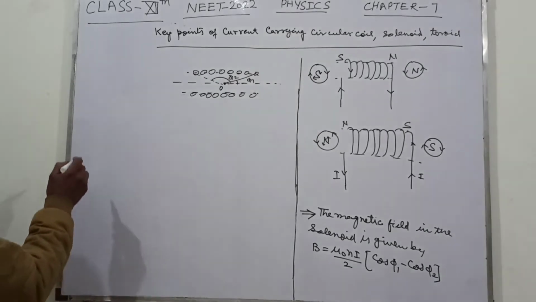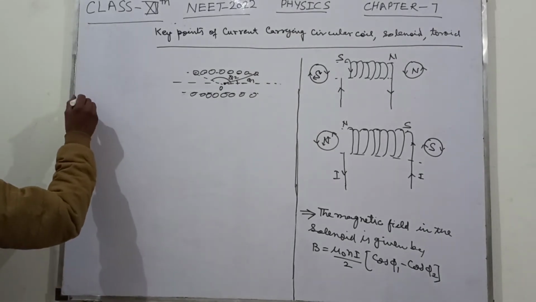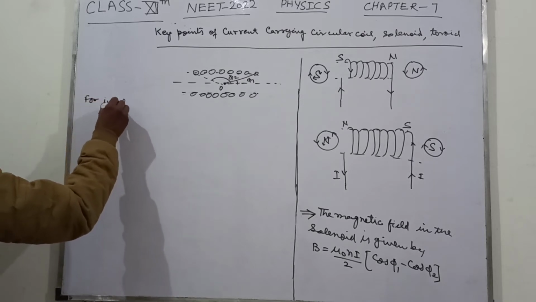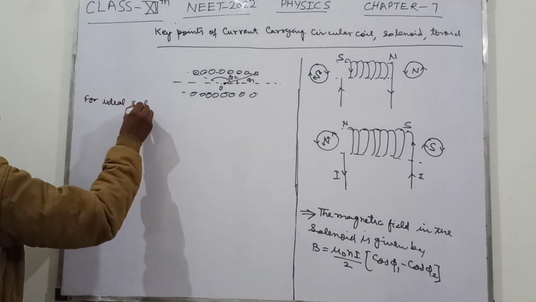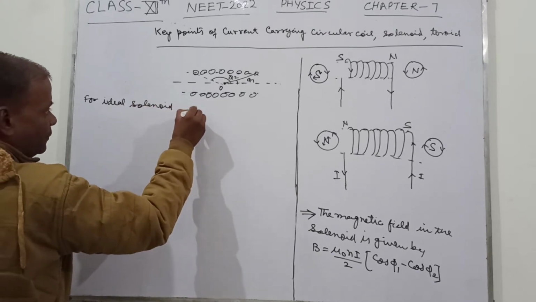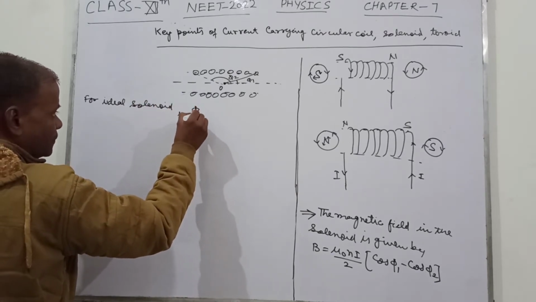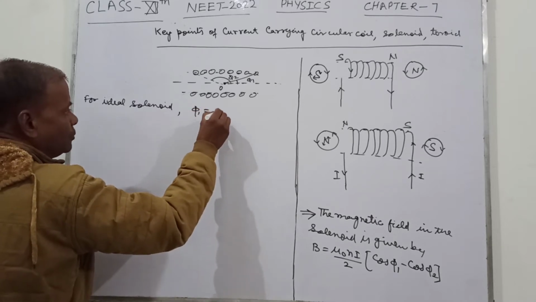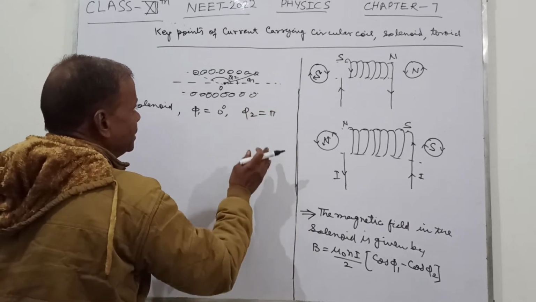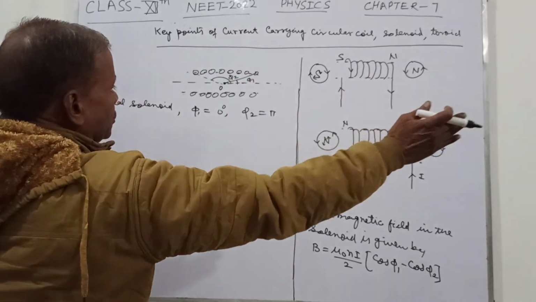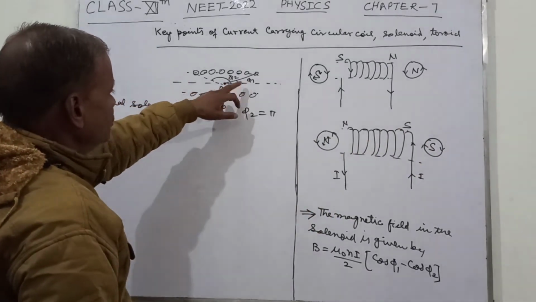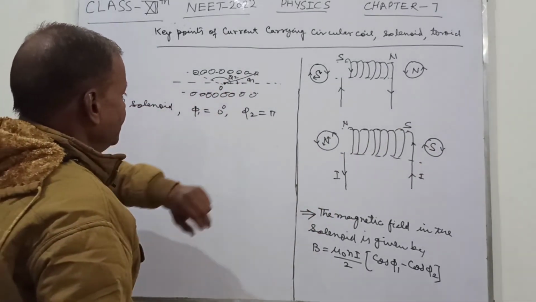So now you can see for an ideal solenoid, what we have? Now this phi 1 is equal to 0 degree and phi 2 is equal to pi. This will go on increasing, so this angle will change. This phi 1 will become 0 and phi 2 will become pi.